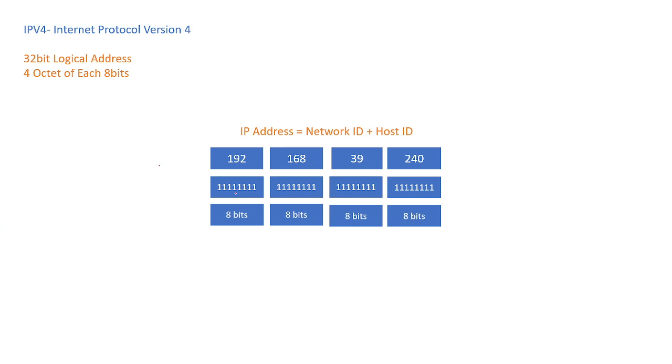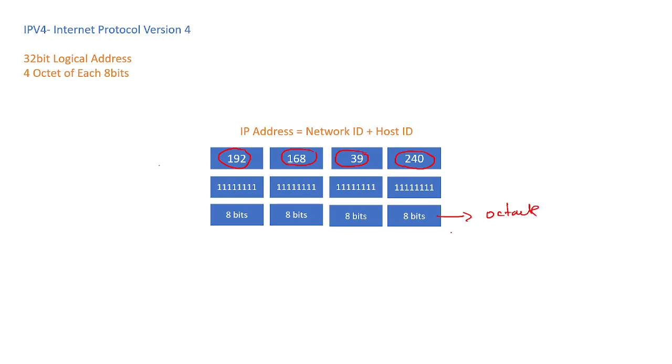If you see here, 1 1 1 1 1 1 1 1, so 8, 8, 8, 8, that makes 32. That is why I told you 32-bit. Each box we call an octet. Why is it an octet? It has 8 bits. Octa means 8, so 8 bits we call an octet.